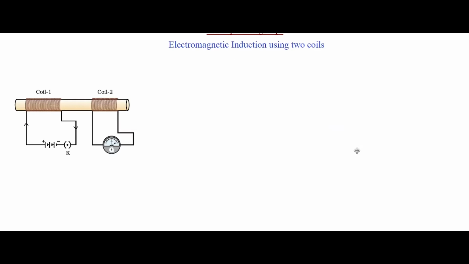In the same way, for this activity, coil 1 is connected to a battery via key K. When the key is closed, when the key is plugged in, a current will flow through coil 1.